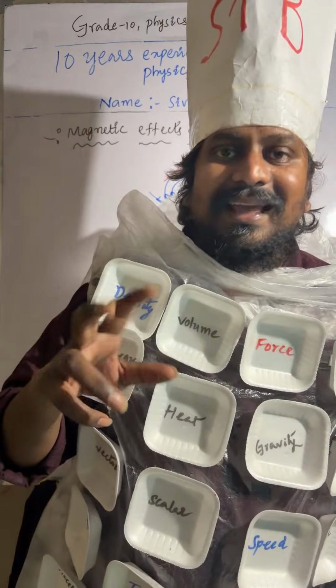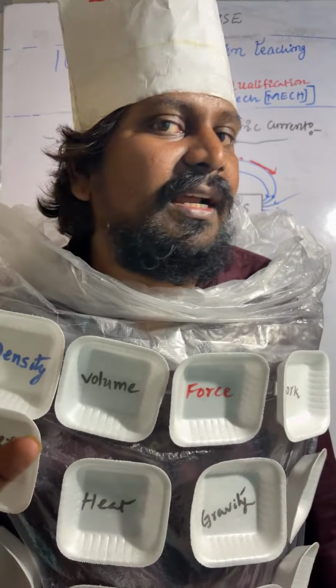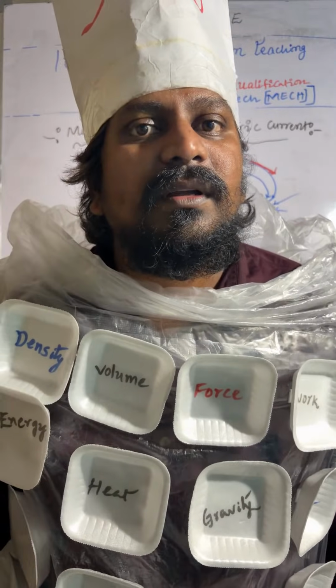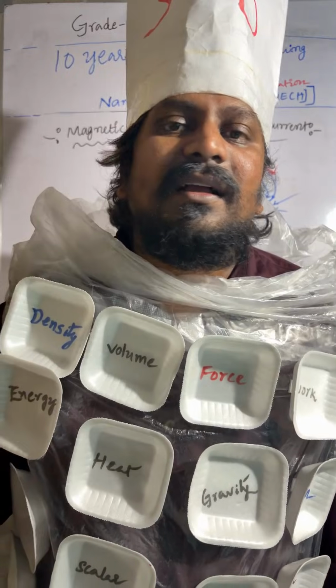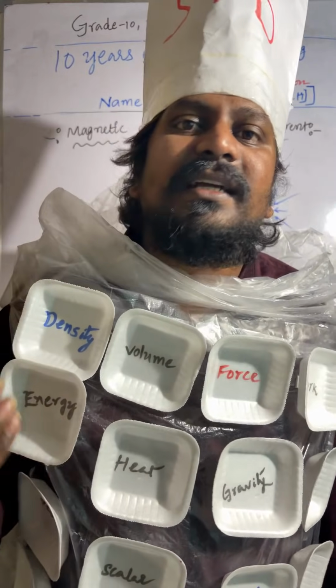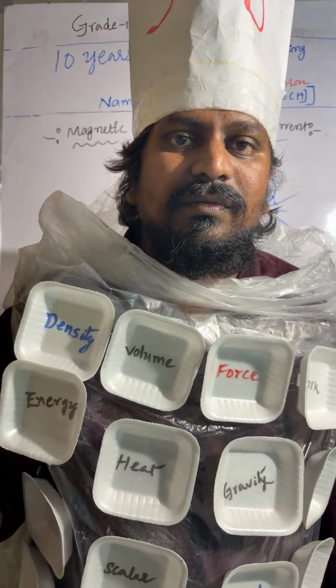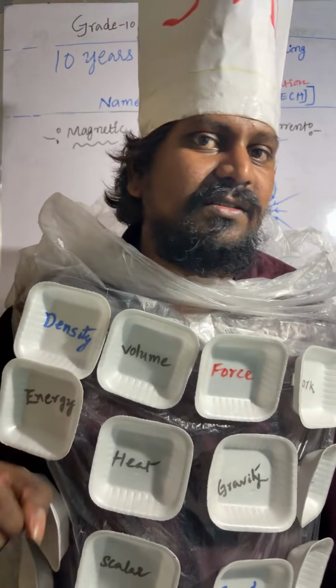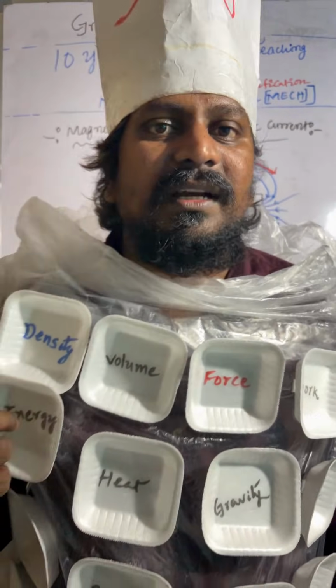If two field lines intersect, then at a time the compass should show two directions, which is not possible. A compass cannot show two directions at a time. Only one direction at a time it will show, that is north and south. Along the free north pole direction, the compass will show the direction.